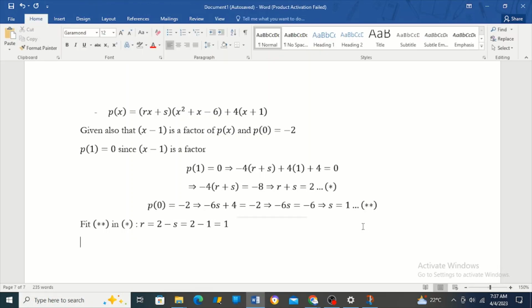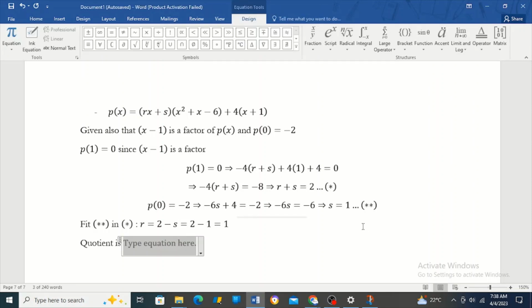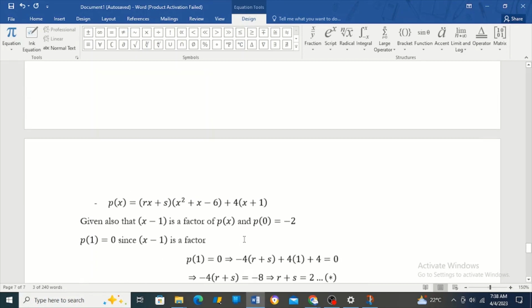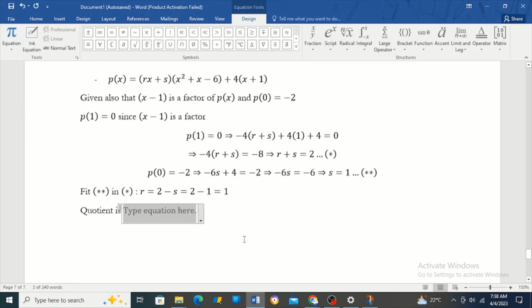So our quotient, it was r x plus s, right? So our r is 1 and our s is 1 as well, so then we get x plus 1. So q of x is equal to x plus 1.